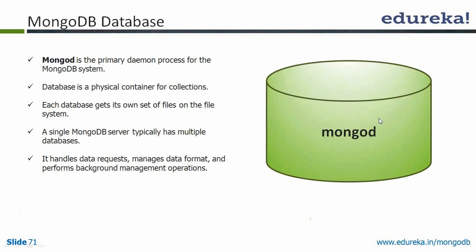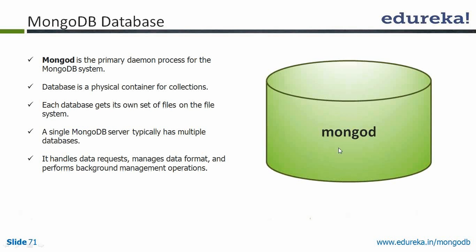A database is a physical container for collections. If you remember our traditional system, inside the database we used to have tables. Here, inside the MongoDB database you will have collections. So in place of tables we say collections. So a MongoDB database is a container for collections.